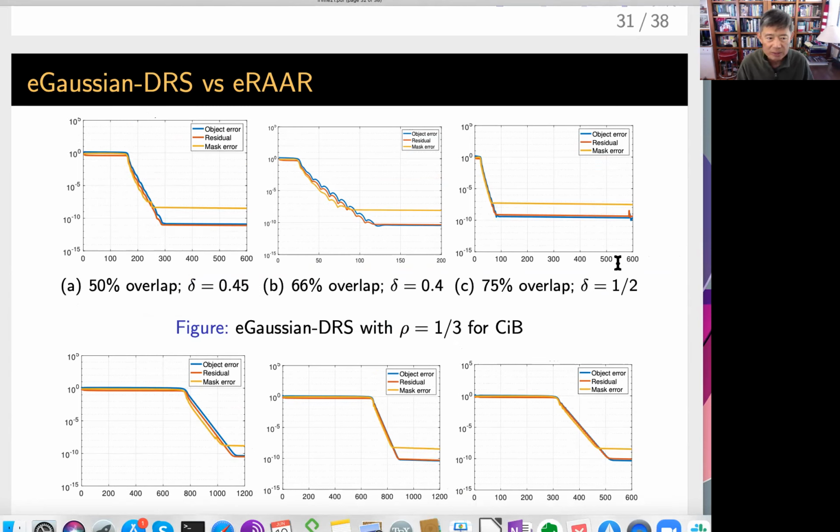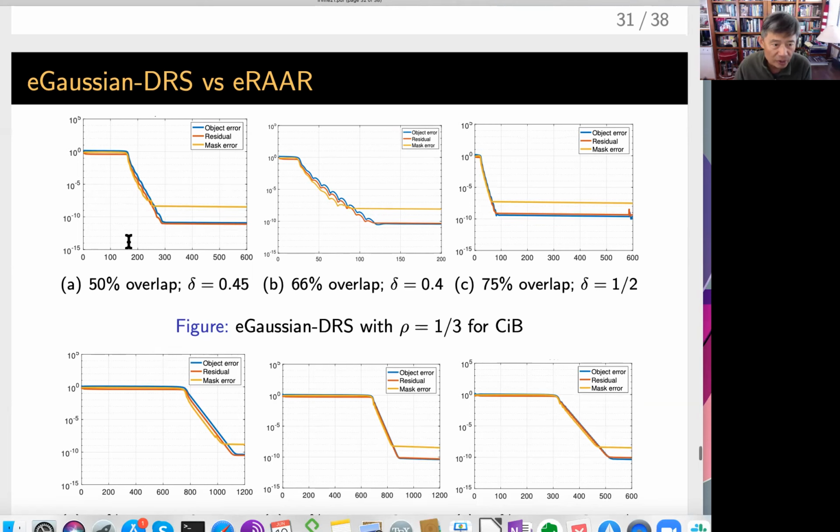This is iteration. If you look at the 50% overlap, after 200 to 300 steps you're there. You look at the object error, the residual, and the mask error; they eventually settle down to a fairly low level on a relative percentage scale, by doing this very explicit calculation.